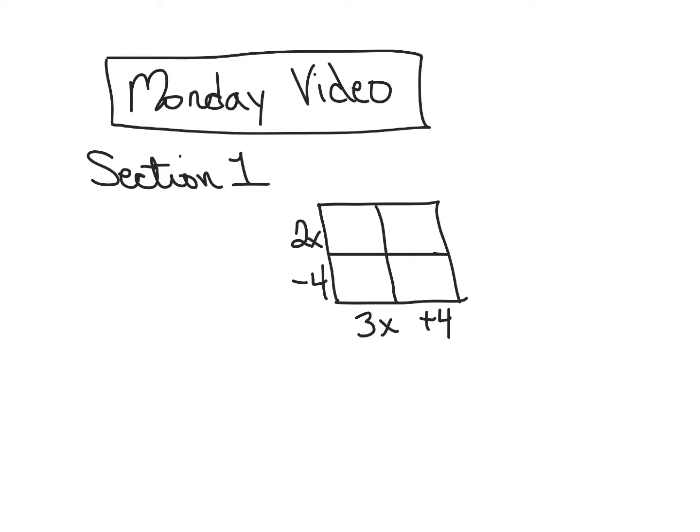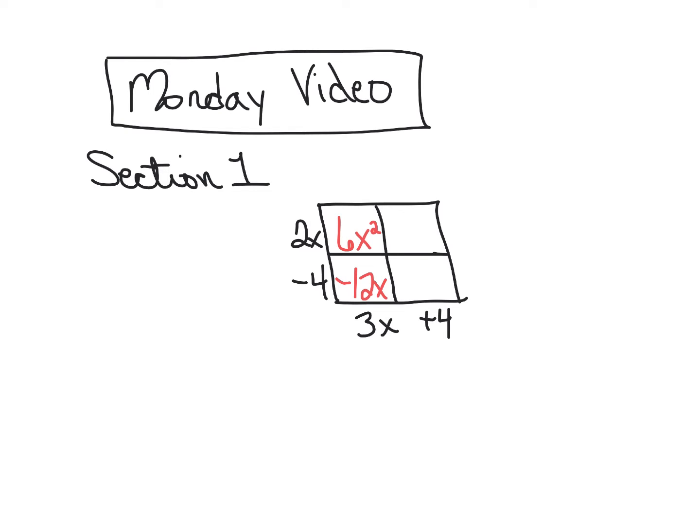So in this bottom left box, you're actually doing the negative 4 times 3x and putting the negative 12x in. That top box, you're looking to the left, it's a 2x, and the bottom 3x, you get 6x squared.